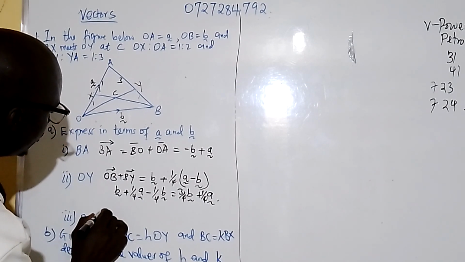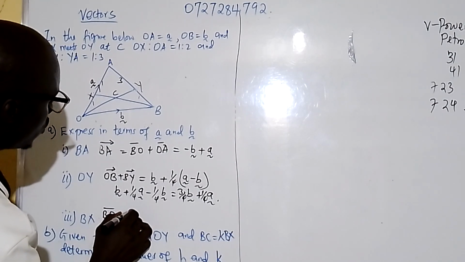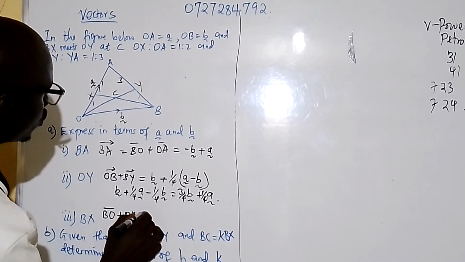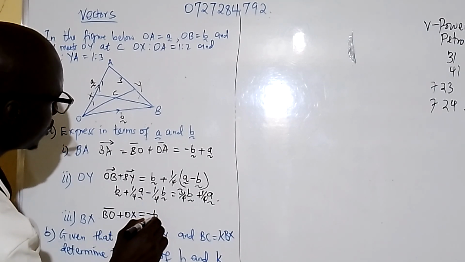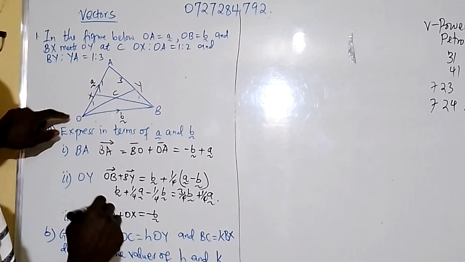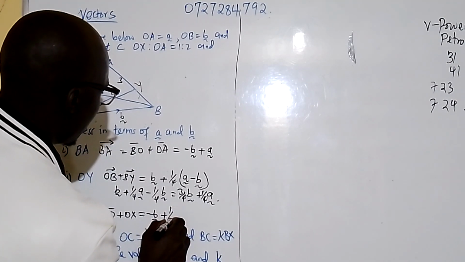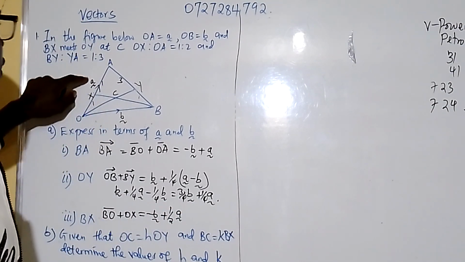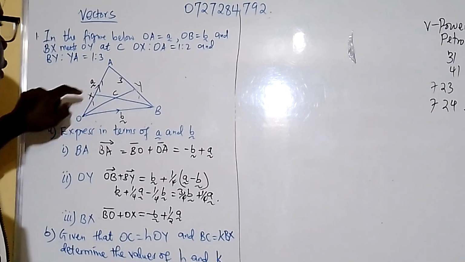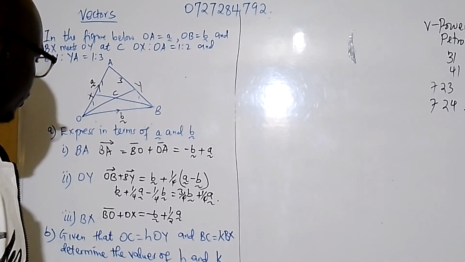So this one is BO plus OX. BO is negative vector B, and OX is a half vector A, because X is dividing OA in the middle.